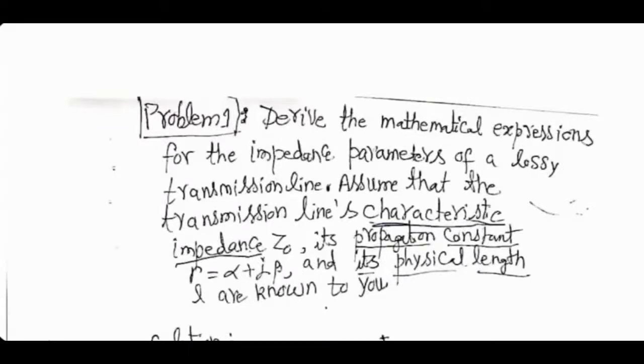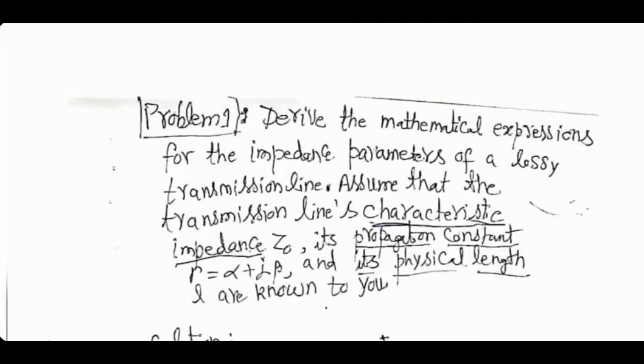You know that a transmission line, whether lossy or lossless, is essentially a two-port network. The difference here is that now we are looking at the situation where the insides of the network are distributed in nature.